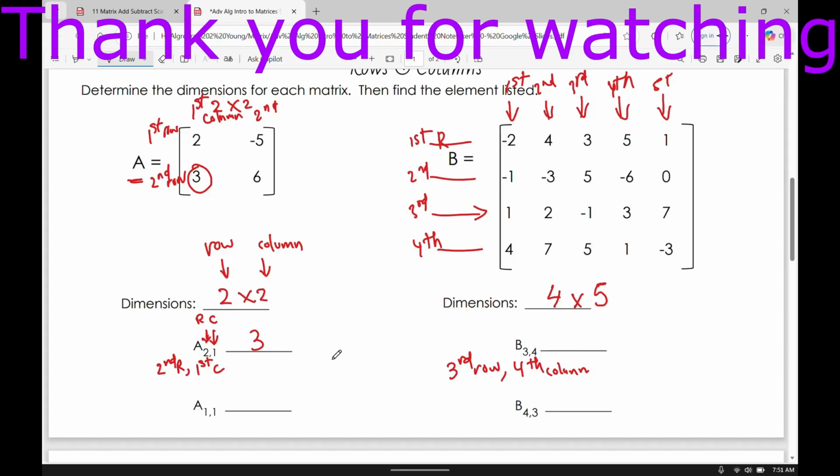So third row, you go all the way to the 4th column. It's right here. It's 3. What about B43? It's going to be the 4th row, 3rd column. The 4th row is here, and the 3rd column is right here.